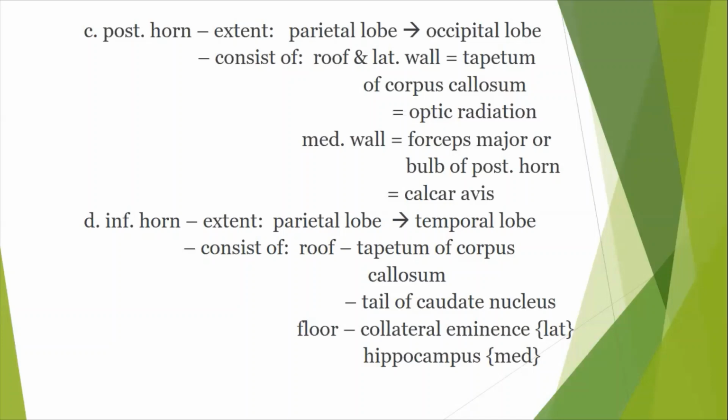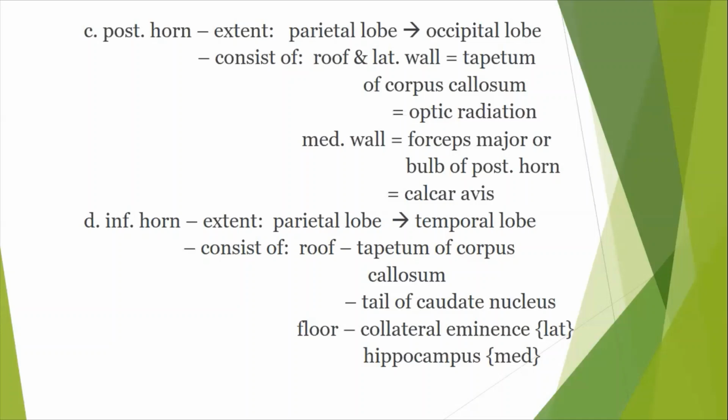The medial wall will be formed by the forceps major or the bulb of the posterior horn, and also made up by the calcar avis. So there will be two structures that will form the medial wall of the posterior horn: the forceps major and the calcar avis.